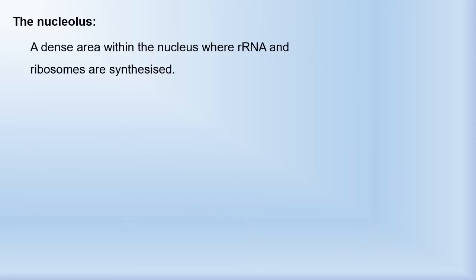The nucleolus then is a dense area within the nucleus where rRNA and ribosomes are synthesized. Remember, rRNA is ribosomal RNA, and it forms the ribosomes that are found on the endoplasmic reticulum outside the nucleus.